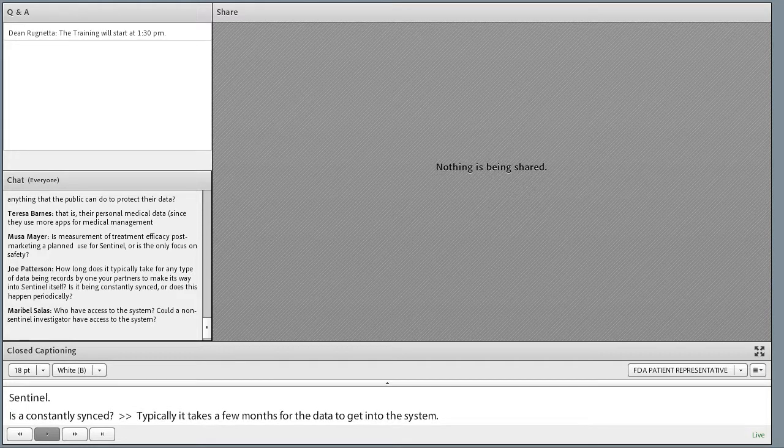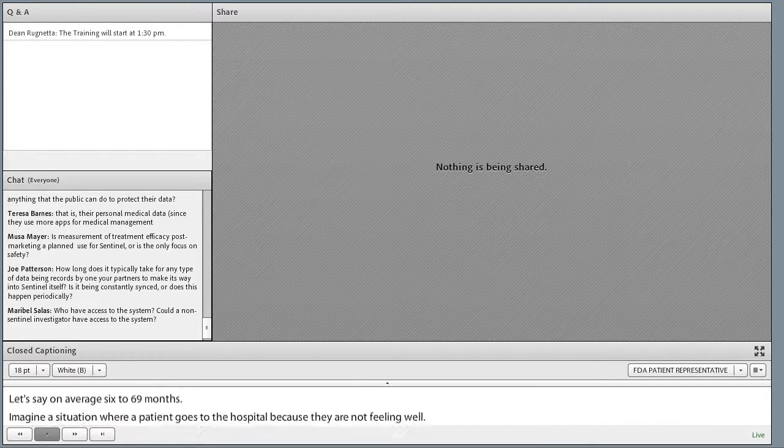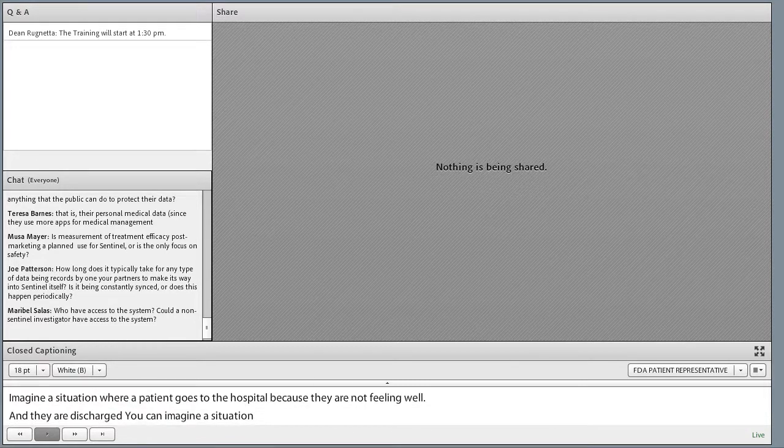partner. If you could imagine a situation where a patient goes to the hospital because they aren't feeling well, they stay in the hospital, and then they're discharged, you could imagine a situation where perhaps the code that was used at admission ends up being not quite the right code to capture the ultimate reason the patient was there.